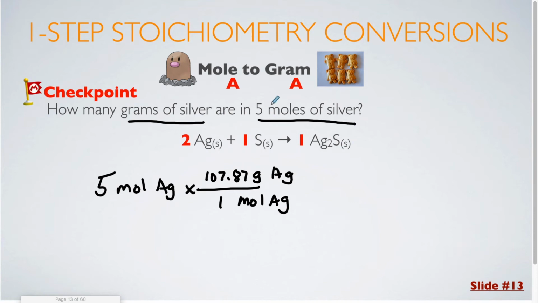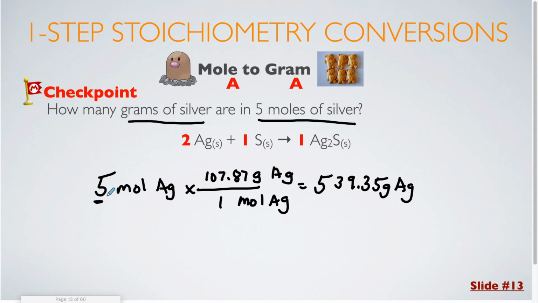All right, from here I am going to multiply across. I end up with 539.35 grams of silver. Now, this is actually not our final answer. I mentioned before that we need to use significant figures based on whatever our original starting number was here.